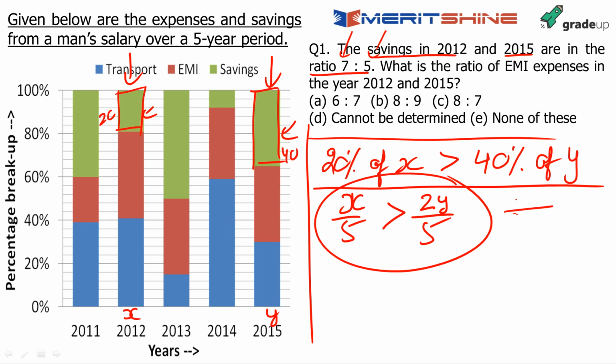Now can you understand this step? Please type a yes. That earlier yes is okay. Please tell me if this second step is okay. 20% of x is greater than 40% of y. Can you understand that x would be at least twice of y? The second step is fine, but can you understand that x has to be at least twice of y?